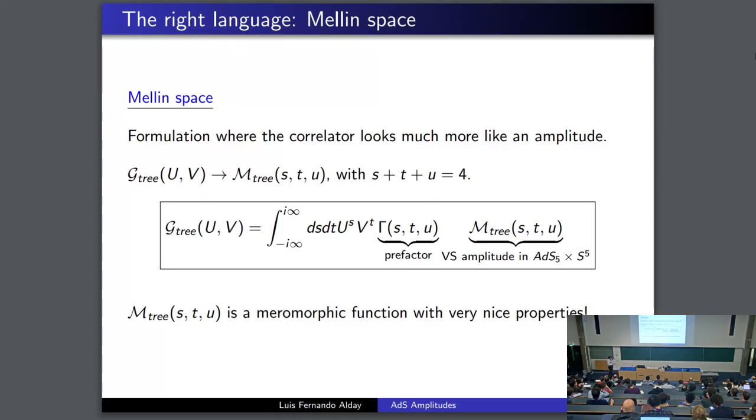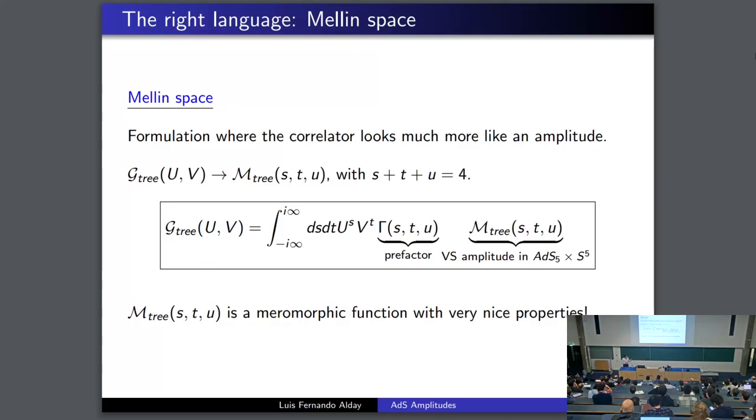And this object here is a meromorphic function with very nice properties, which are the properties from which we would try to guess this function here. Is that okay? Now, of course, knowing these to all orders in 1 over lambda would be equivalent to knowing this, and we don't know this, but we know the list of properties it satisfies.